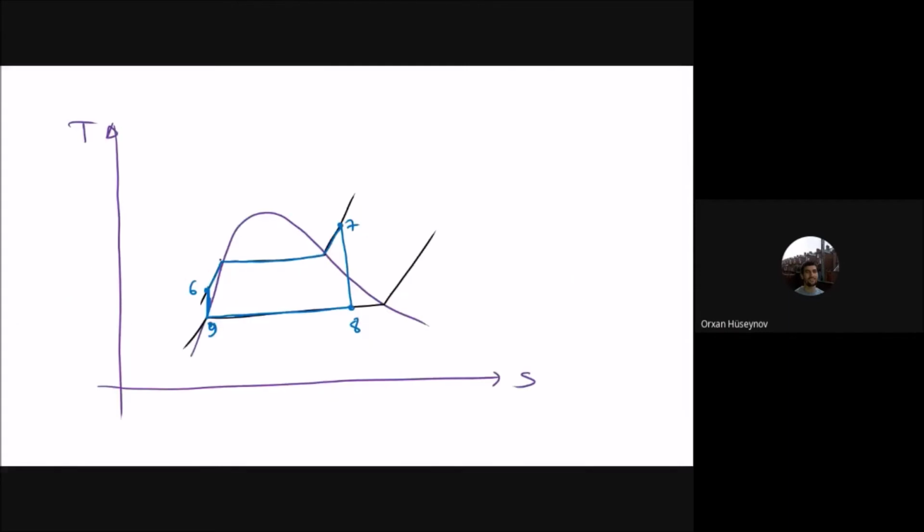It should be more than the temperature line here. It should be 5 here, and then you will have this Brayton cycle. Okay. So this one is the next component. This one is the next component here.